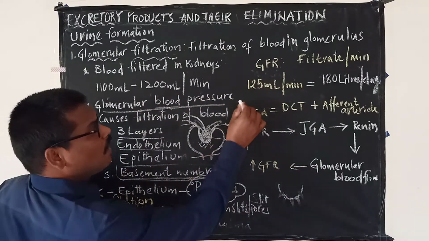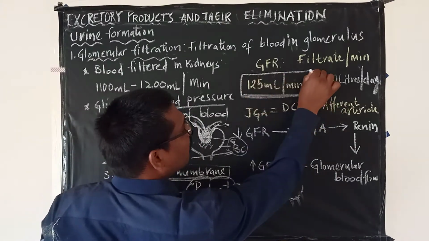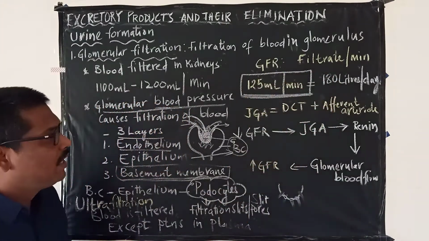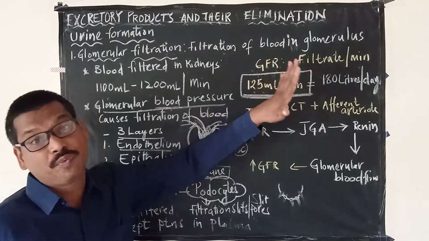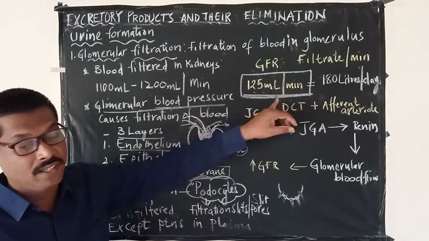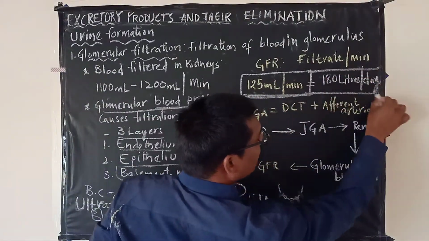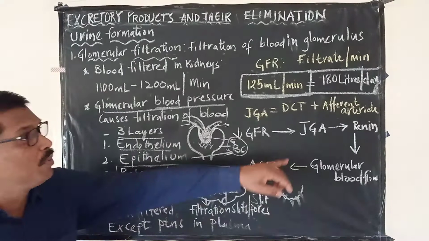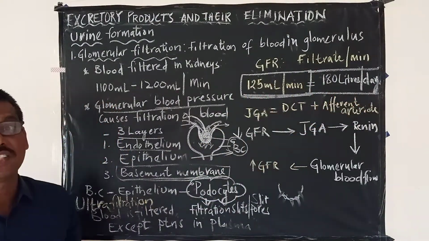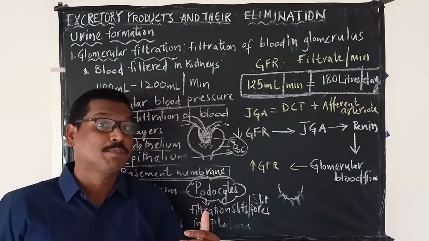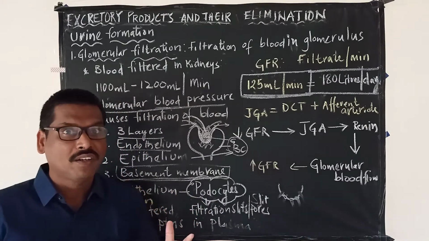It is approximately 125 ml per minute, which means it is almost equal to about 180 liters per day. Just imagine, 180 liters per day of blood is filtered.